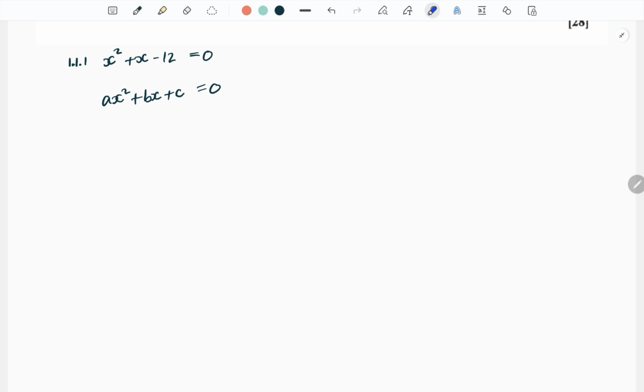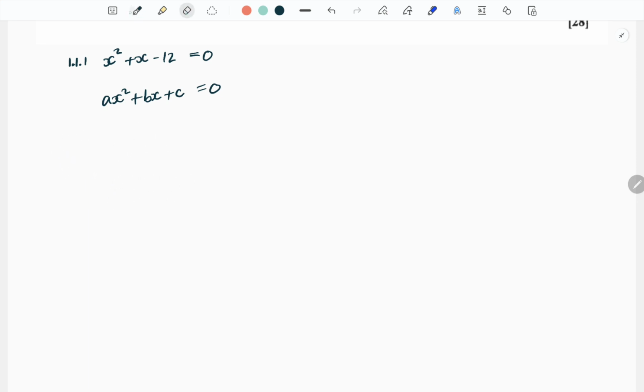So a is the number in front of x squared. Because there is no number written, you can always assume the number is 1, since 1x is the same as x, so you don't actually have to write the 1.